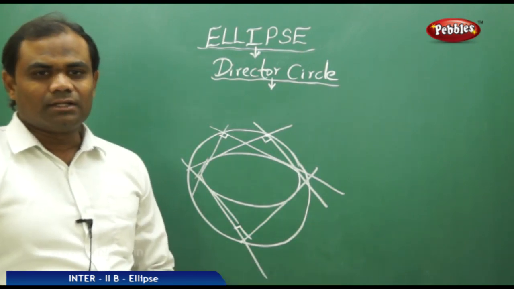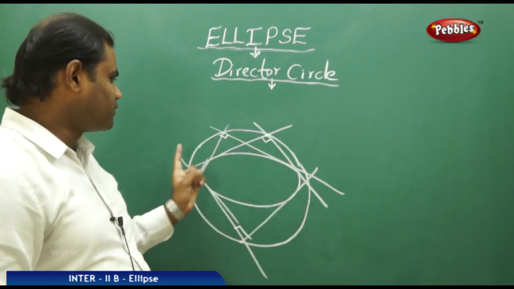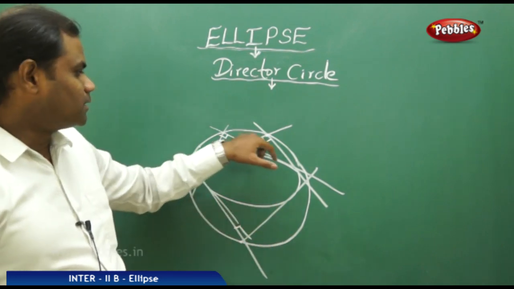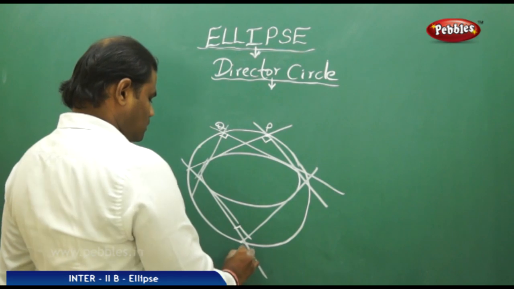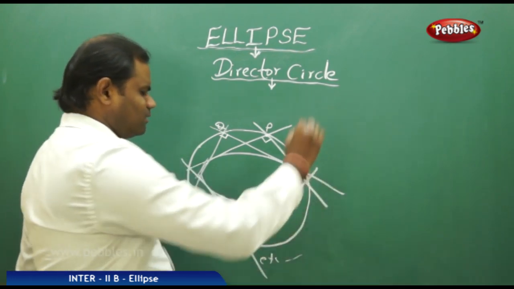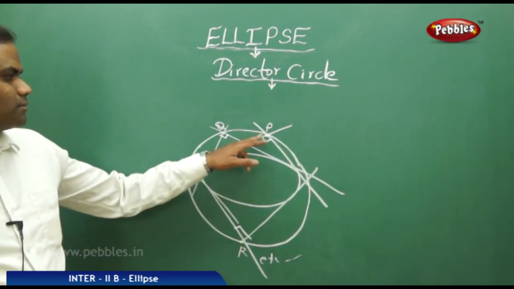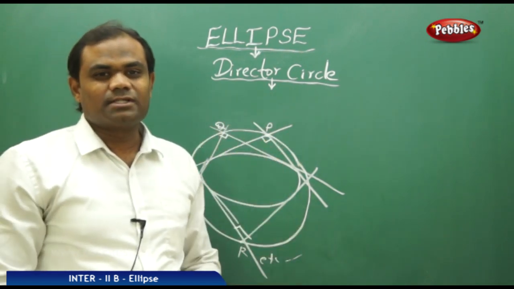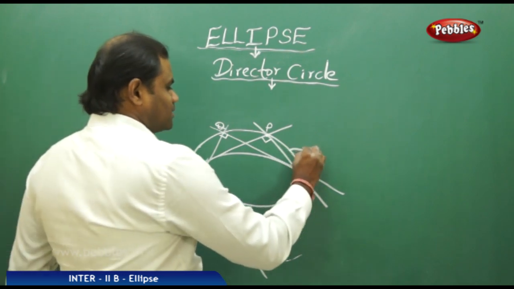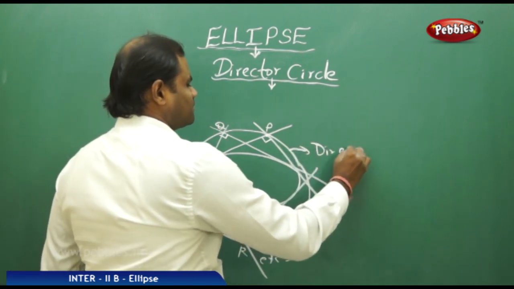So director circle is the locus of all the points of intersection of the perpendicular tangents, one of them being P, Q, R, etc. So all the pairs of tangents which are perpendicular, the points of intersection are joined, then it forms a circle called the director circle.